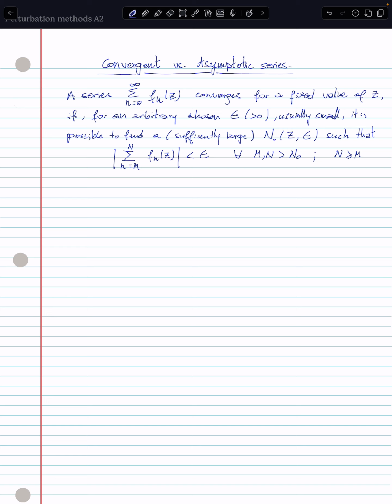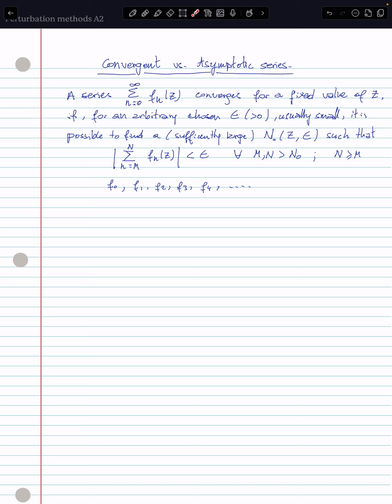All right, so it means basically that if you're looking at the sequence f0, f1, f2, f3, f4, and so on, you would expect all those terms to become smaller and smaller as you add them to the previous terms, such that when you cumulate all those terms, you would expect that the sum of these terms in the sequence would converge towards something.